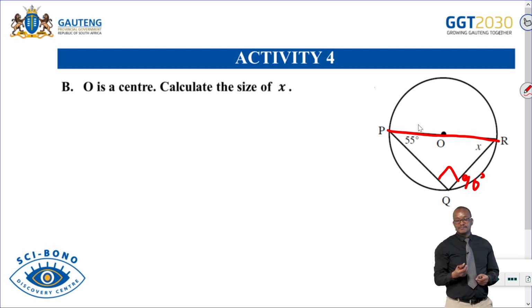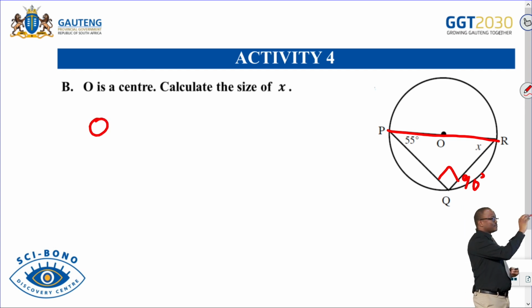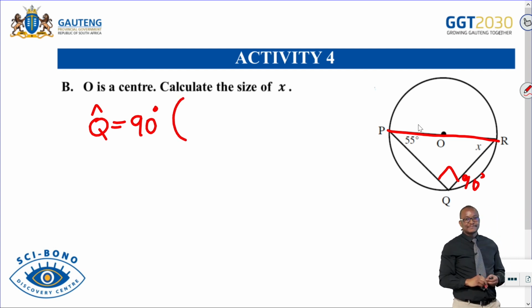It is given. Angle subtended by the diameter at the circumference will be 90 degrees. Then we have to specify that angle Q is 90 degrees. That's where you get your first mark. Angle Q is 90 degrees.